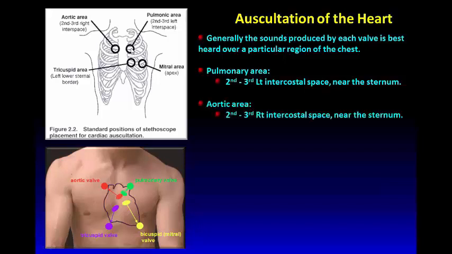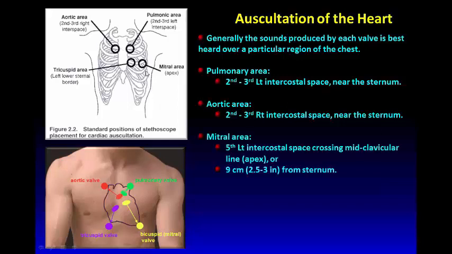Closure of the aortic valve is best heard at the aortic area, which extends from the second to the third right intercostal spaces near the sternum. The mitral area is where we place the stethoscope to hear best closure of the mitral valve, and this is at the apex.